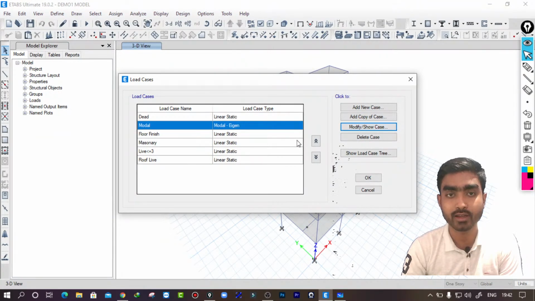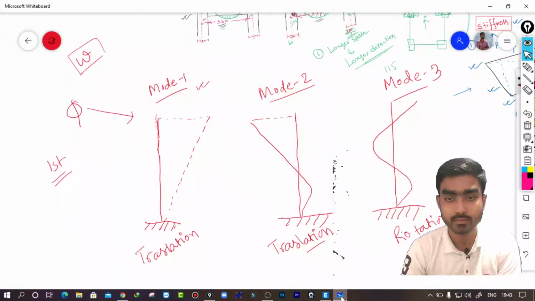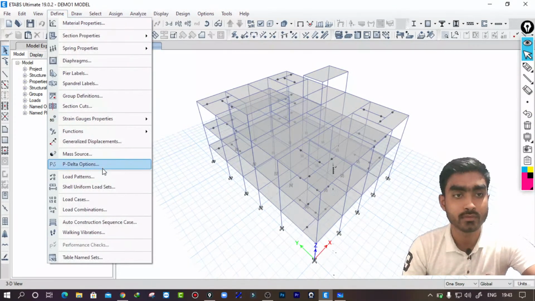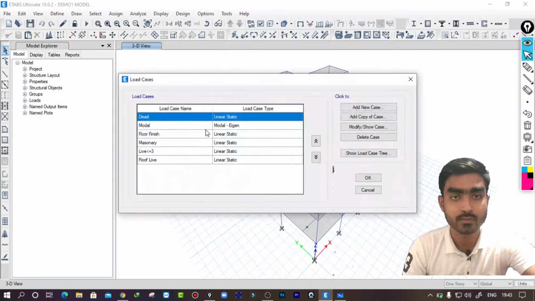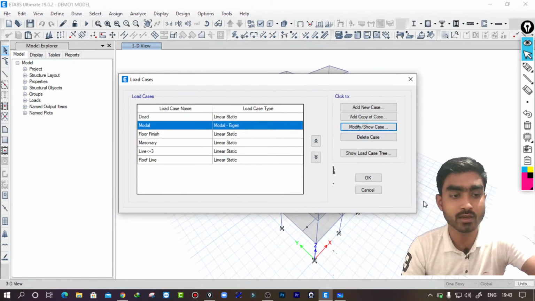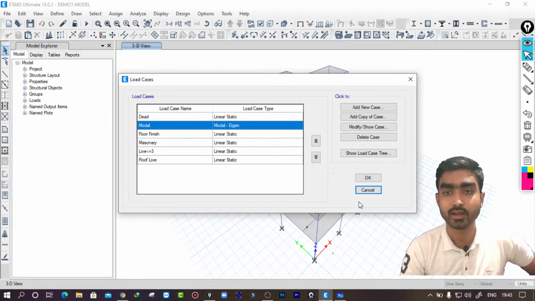You can modify it. Don't know what is the reason. Just give me 2 minutes. I'll close the software and reopen it. I think there is a glitch in the software.